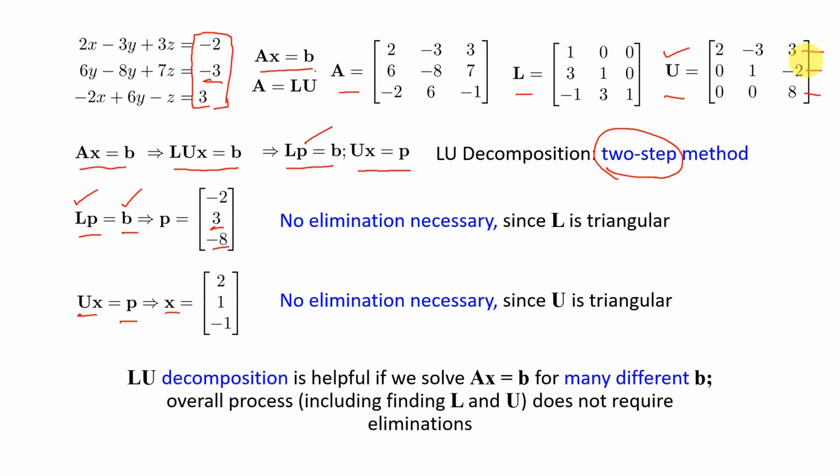What is the utility of LU decomposition? LU decomposition is very useful if you know the L and U decomposition of a certain matrix A, and you are solving Ax equal to B. Now for solution of Ax equal to B, there are several methods available, but each method has its own issues.